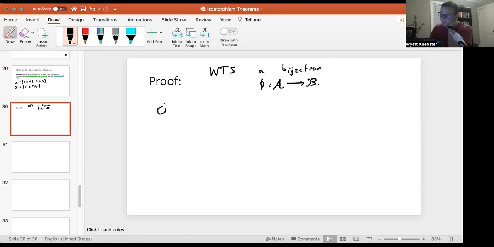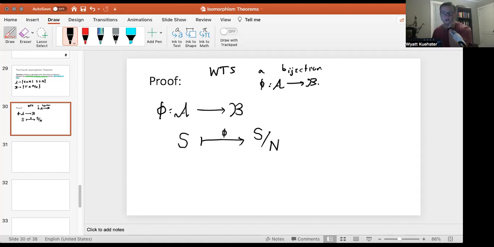I'm going to define a map phi. Again, it's going to go from fancy A to fancy B, and it needs to just be a function on sets. So I'm going to take from A a submodule S of M that contains N, and I'm going to map S by phi to S divided by N.